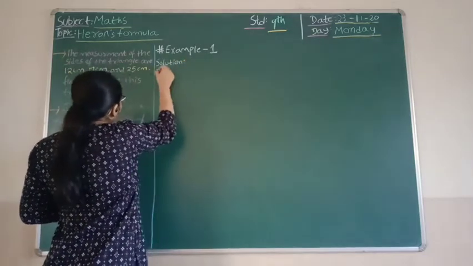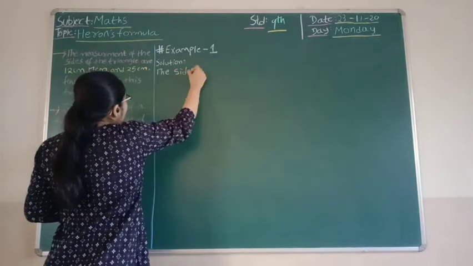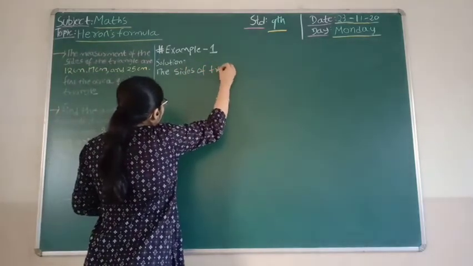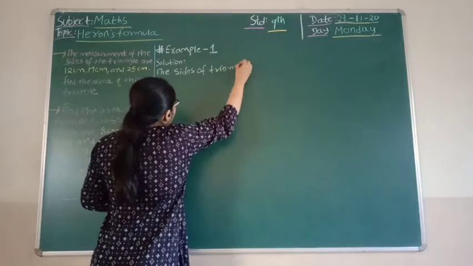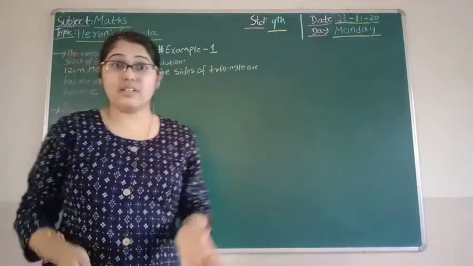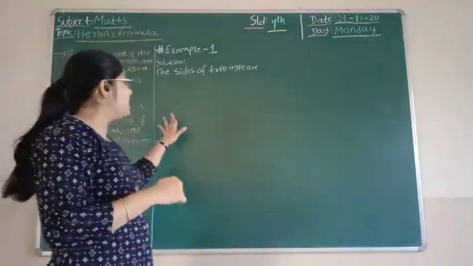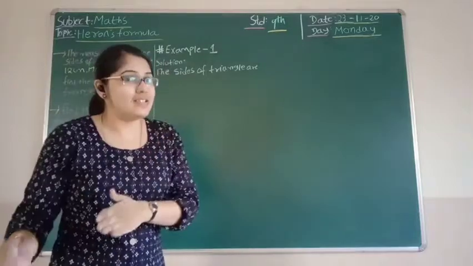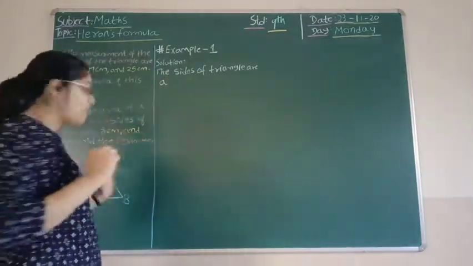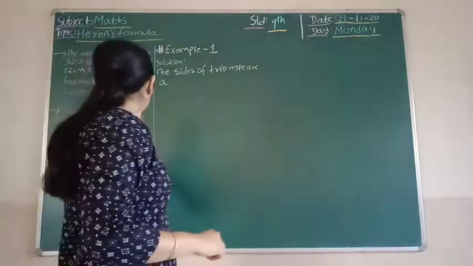The sides of the triangle which are given, we are naming as a, b and c. So small a will be 12 centimeter.